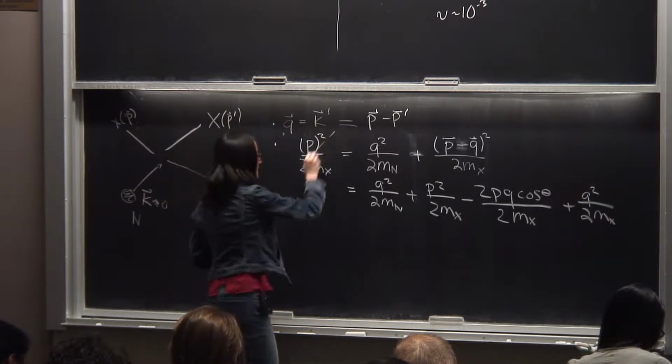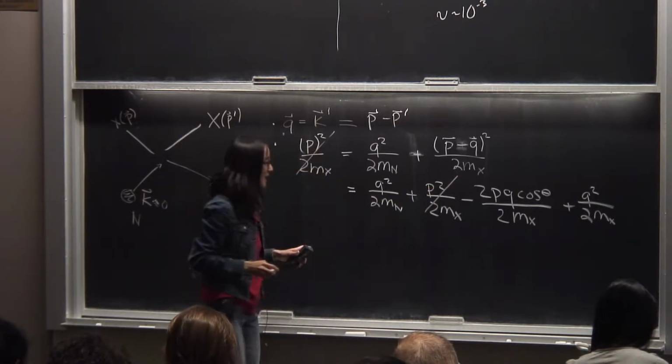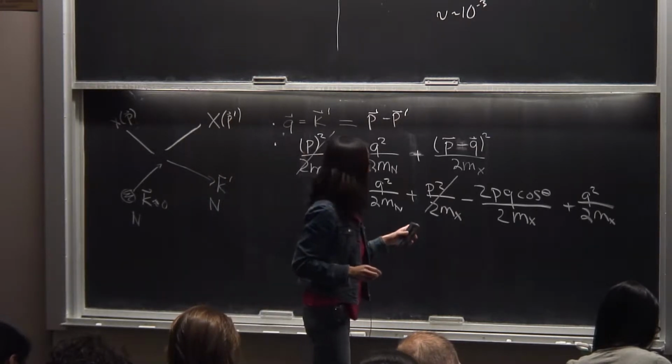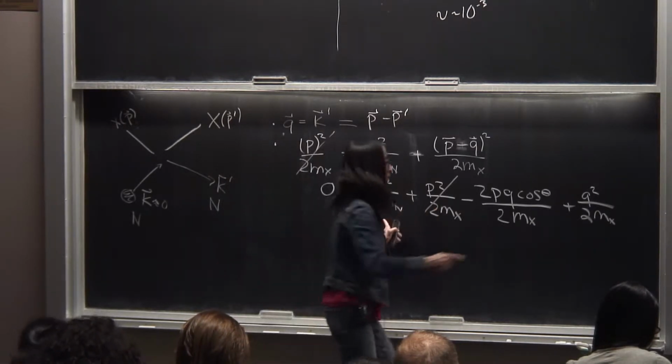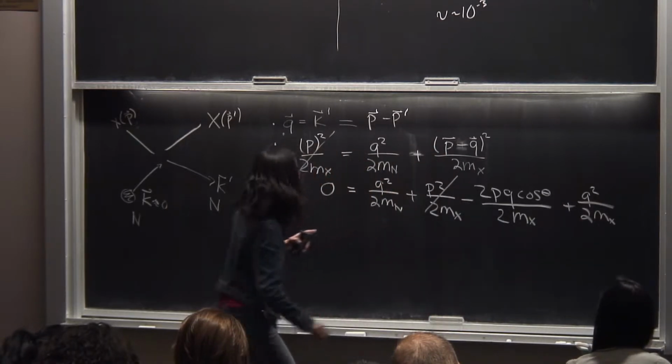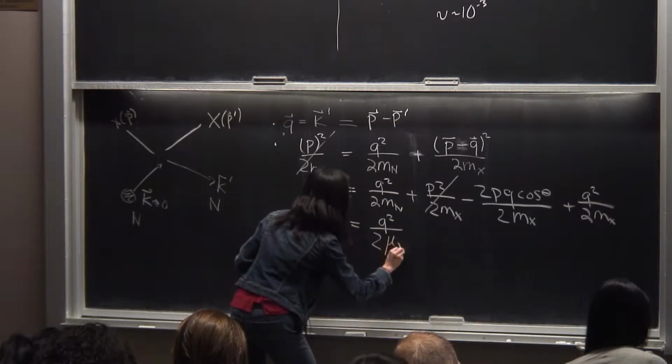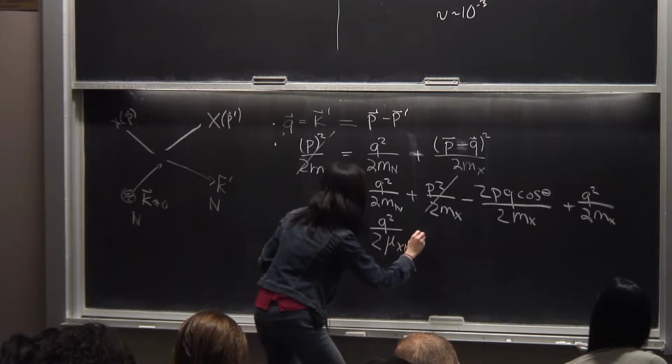Okay, so if I cancel this part, I get 0 is equal to these 3 things. And I can rewrite these 2 terms in terms of the reduced mass between the dark matter and the nucleus.